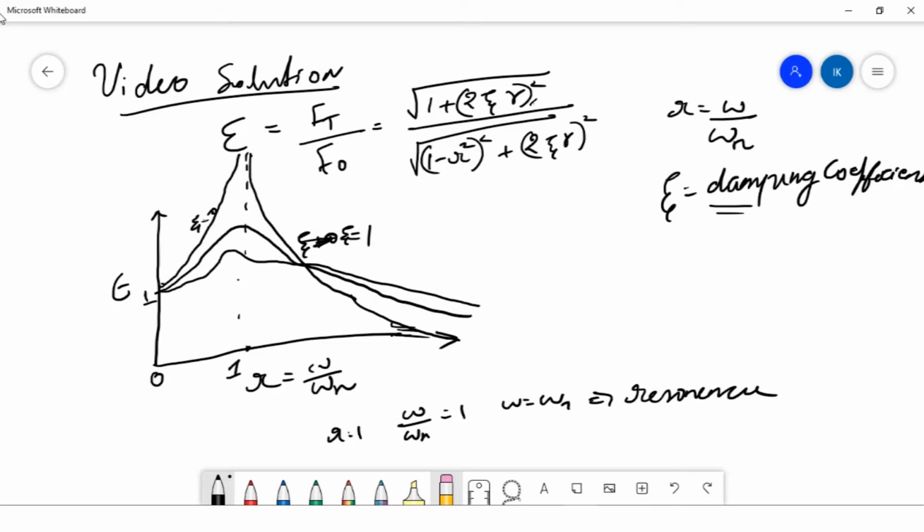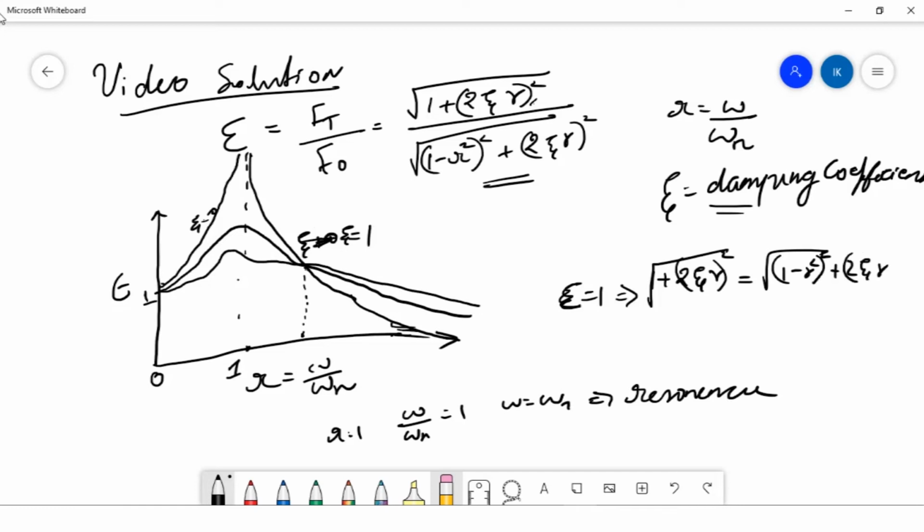You can notice that all the curves meet at this point, where the transmissibility is 1. What is this point? We can find it because we know that transmissibility equals 1. So we solve the right-hand side of this equation: under root of 1 plus (2 zeta r) whole square equal to root of (1 minus r square) whole square plus (2 zeta r) whole square.